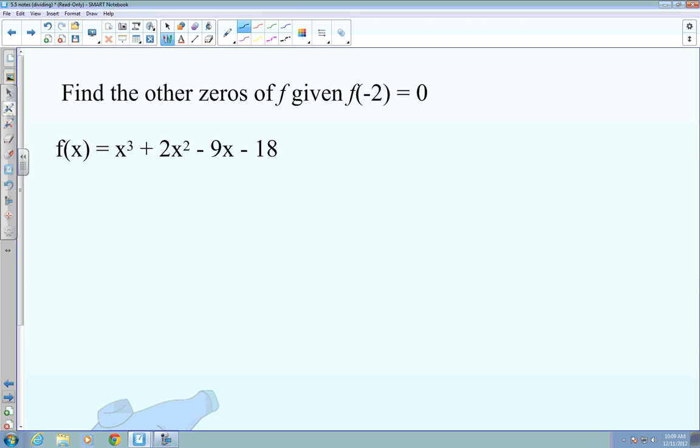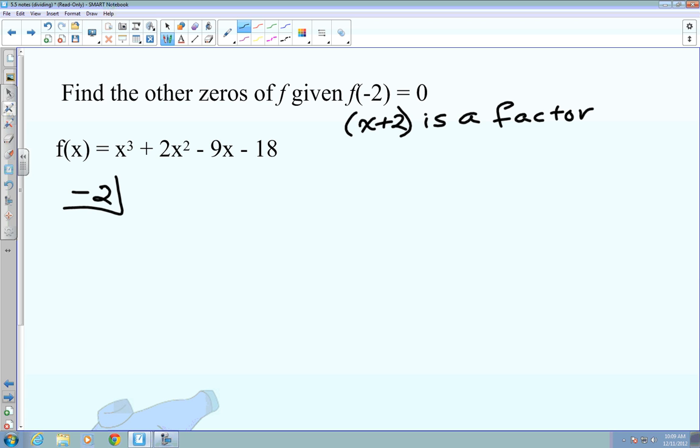So if f of negative 2 equals 0, then you know that x plus 2 is a factor, right? So x minus 2 is the one we're looking for, so we use a negative 2, or x plus 2, so negative 2 is going to be what our number is here.